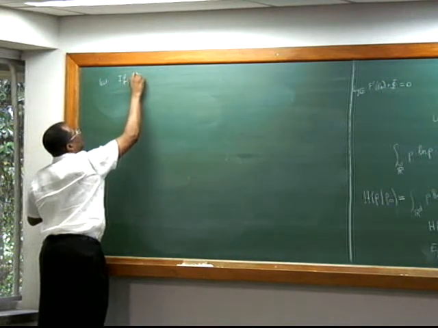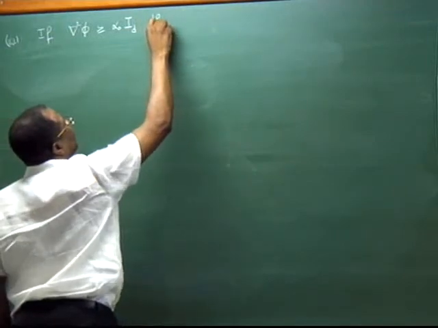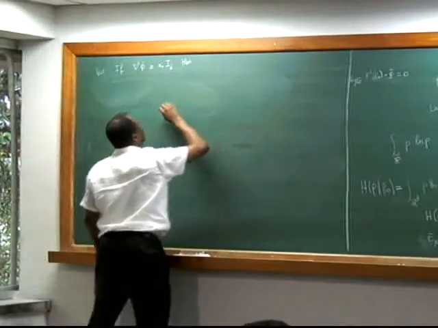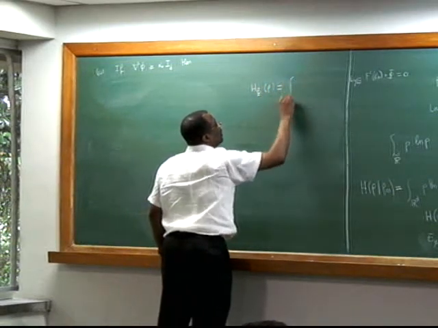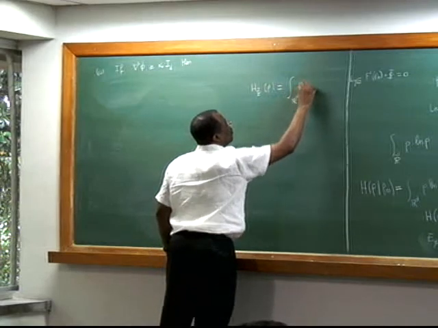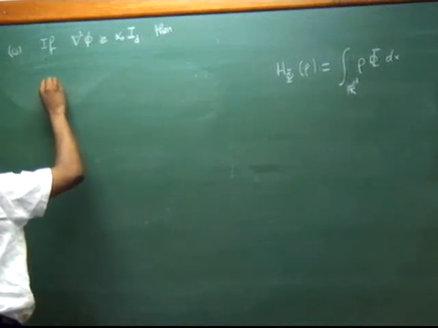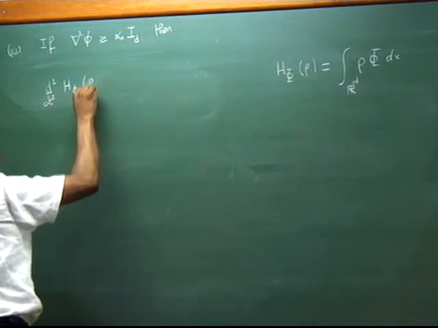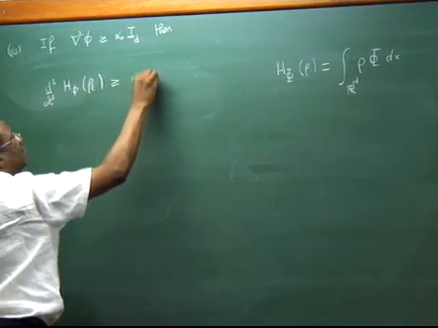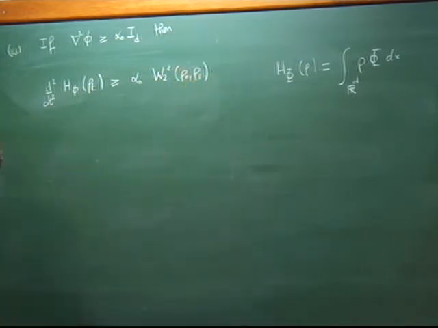If the second derivative of phi is less than or equal to alpha naught times identity, then, setting H phi of rho to be the integral over R^d of rho phi dx, the second derivative d squared over dt squared of H phi of rho t will be greater than alpha naught times the Wasserstein distance square between rho naught and rho 1.